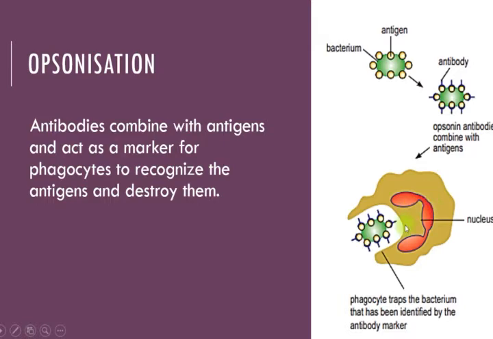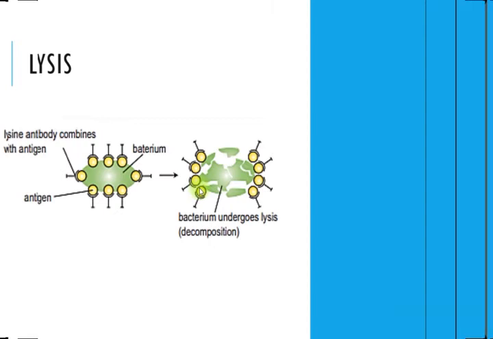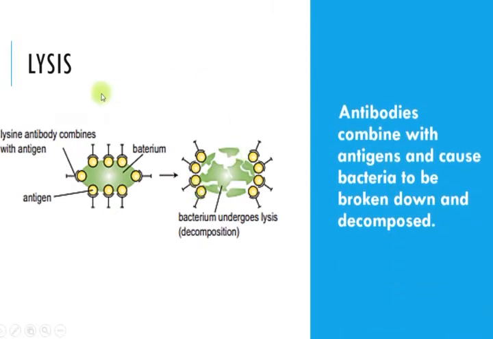So opsonin refers to the antibodies that bind with the antigen and act as a marker for the phagocytes, and phagocytes will more easily recognize the antigen and destroy it immediately. That is opsonization.